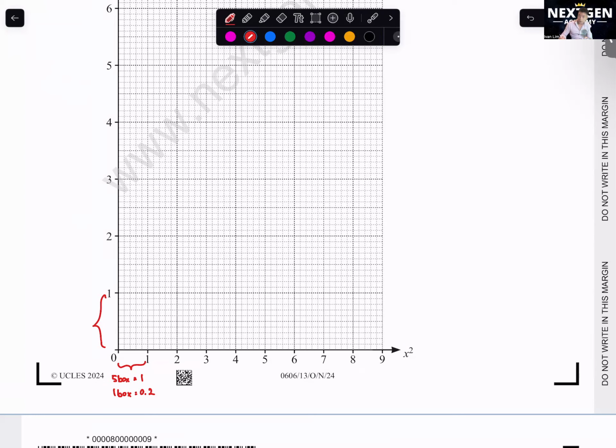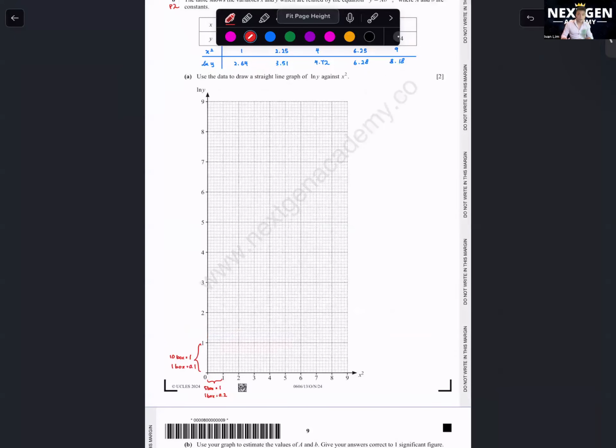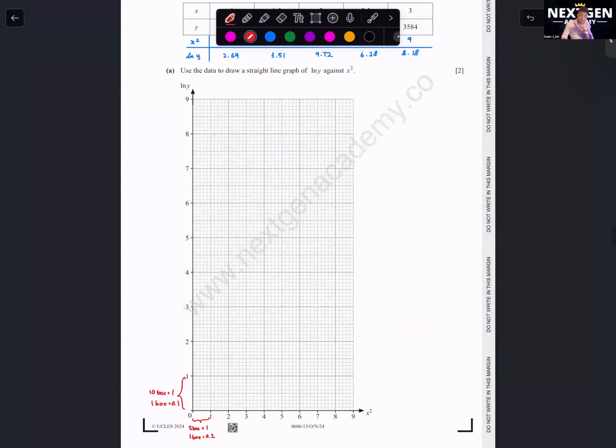But I normally write it to 3SF just to follow the format. Here 10 boxes equals 1, so 1 box equals 0.1. So you all define your scale first. When we plot it out, then definitely you use one decimal place already, because here cannot draw it so accurately.